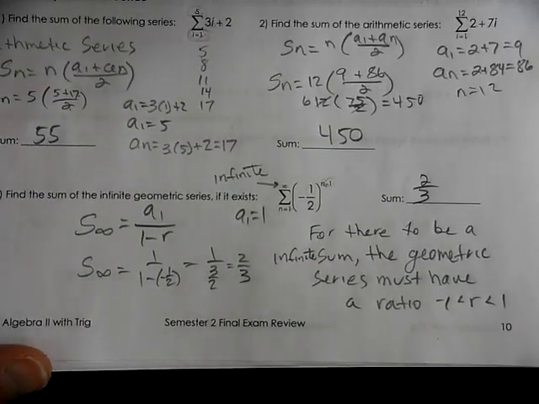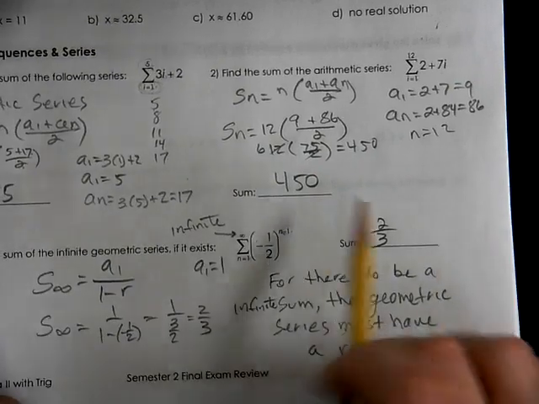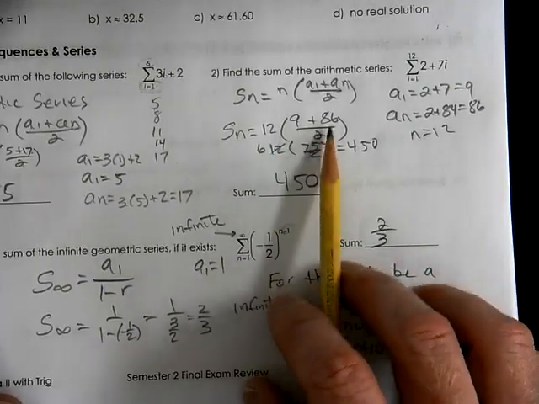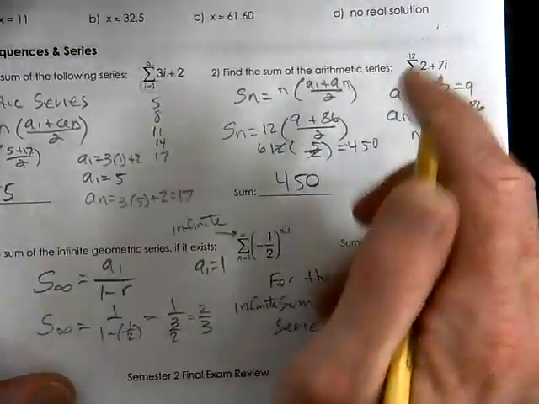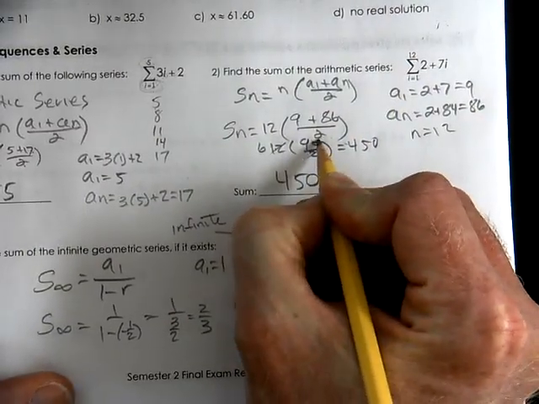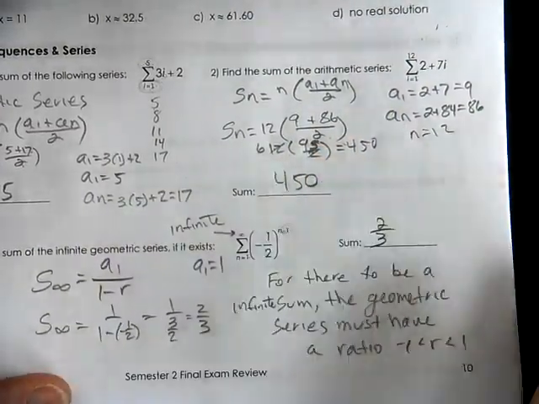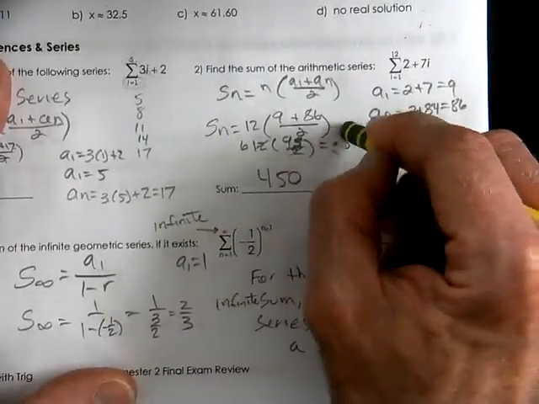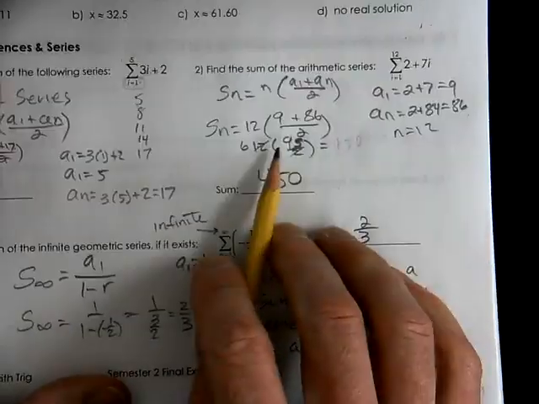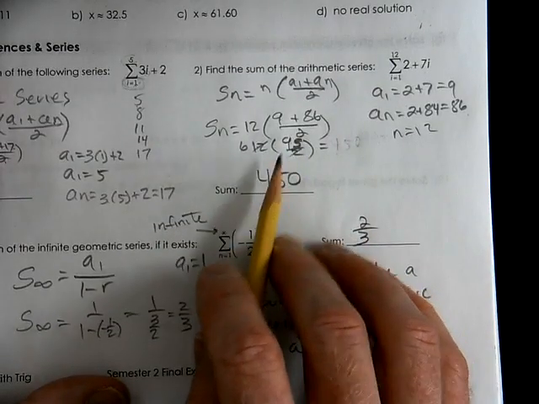We recognize there was a little flaw up here. Somehow 86 plus 9 became 75, but it's not 75. It's 95. I guess I should just use a calculator and not try to talk and do this at the same time. That's 95.